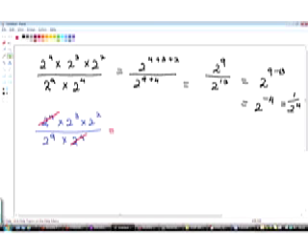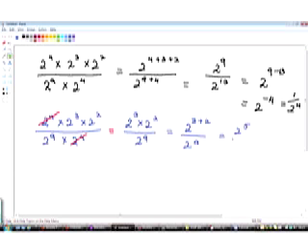So my question now becomes 2 to the 3rd power multiplied by 2 squared over 2 to the power 9. It means I have 2 to the 3 plus 2 in the numerator, which gives me 2 to the power 5, and in my denominator I have 2 to the power 9.